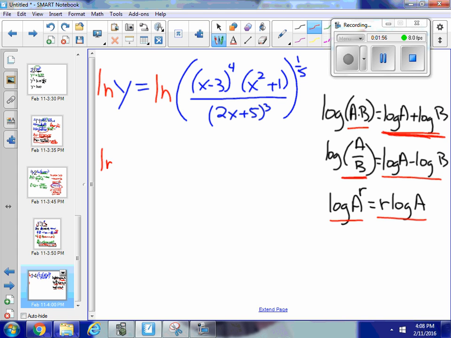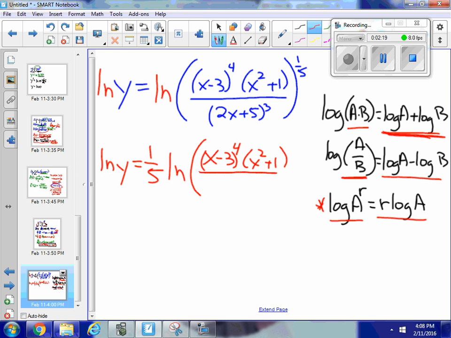So I have the natural logarithm of y is equal to, now I can use this power rule of logarithms, and I'm going to change this into 1/5 ln of (x minus 3)^4 (x squared plus 1) divided by (2x minus 5) cubed. And I don't have to make it to the negative 4/5 or anything. All I did was follow this property of logarithms, took the 1/5 as an exponent and moved it as a factor of the entire logarithm.